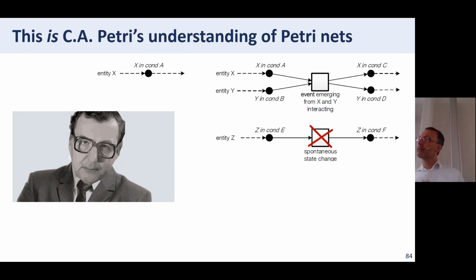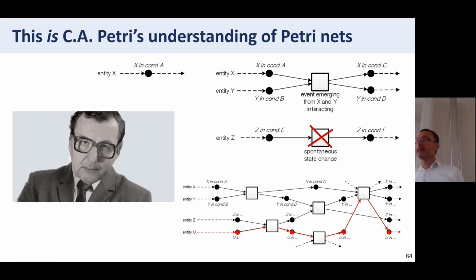So sometimes you have this, but in the majority, you don't have spontaneous state changes. So when you model processes, whatever you describe is the interaction of at least two things.